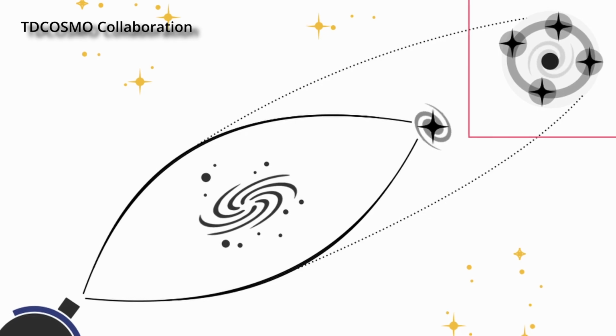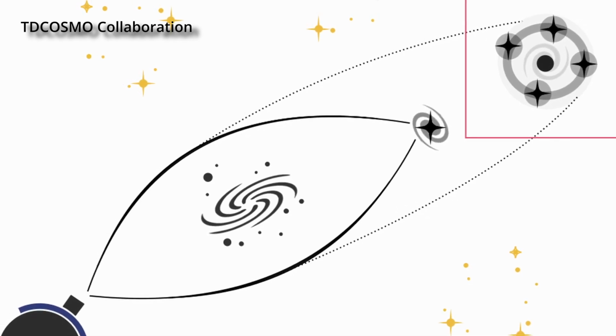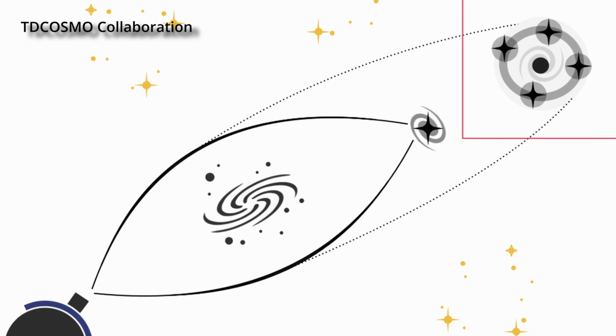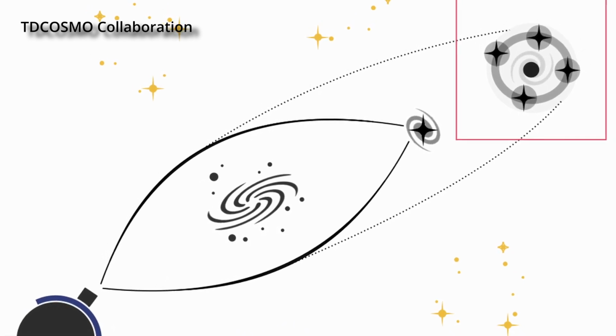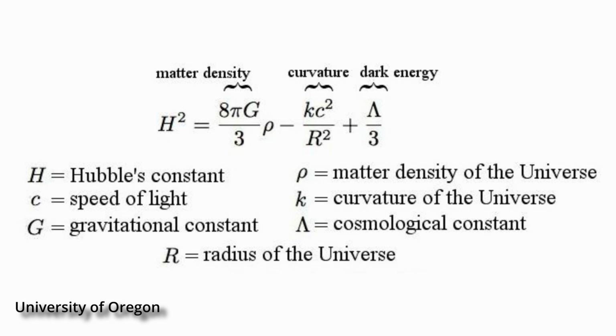And since the multiple images are created at different distances from Earth, each image takes a different amount of time to reach us. The time delay between the arrival of different images depends on the expansion rate of the universe, represented by the Hubble constant H0. And since the Hubble constant describes how fast the universe is expanding, an expansion rate of the universe can be arrived at. So these are the three main ways gravitational lensing is used in astronomy, and the three most exciting ways for sure.